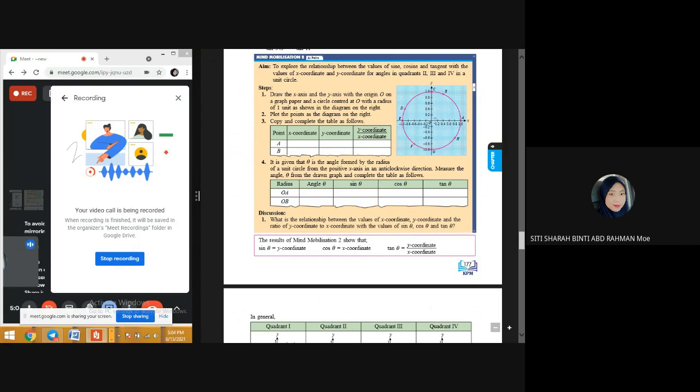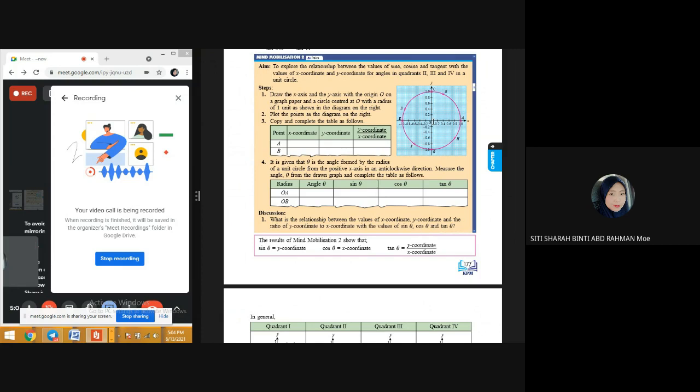X also will be positive, and the hypotenuse also will be positive. So y positive divided by the hypotenuse positive, so sine will be positive.